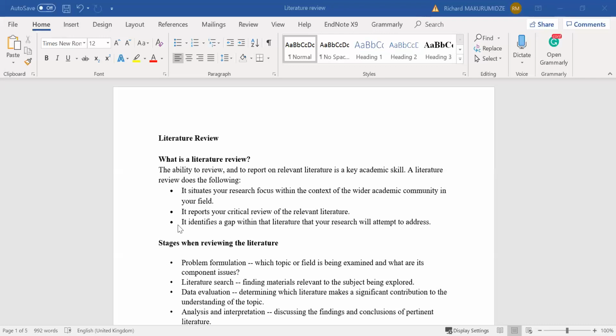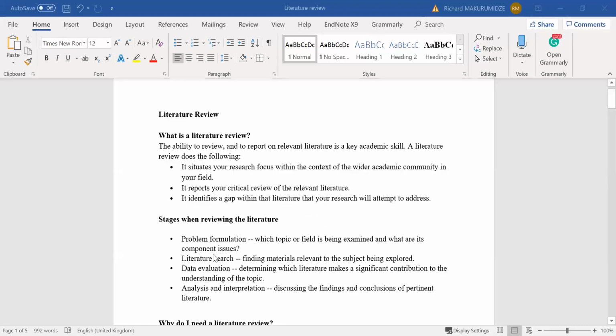But remember, the last point is very important. A literature review identifies gaps within the literature that your research will attempt to address. If research has been done and more is known about that subject, in most cases it is not necessary to do research.